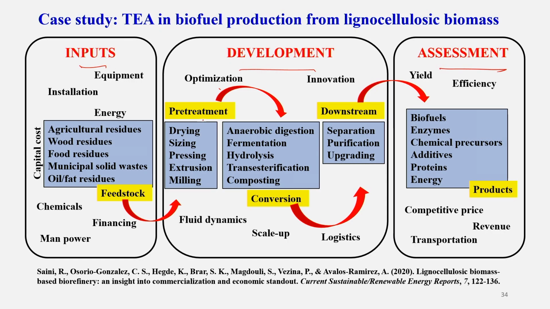It includes the pre-treatment, then fermentation, then downstream processing, and finally these are your products, including biofuel, enzymes, chemical precursors, additives, protein and energy. There you have to see the competitive process, revenue and transportation. There you have to perform the assessment of inputs, development and the assessment.